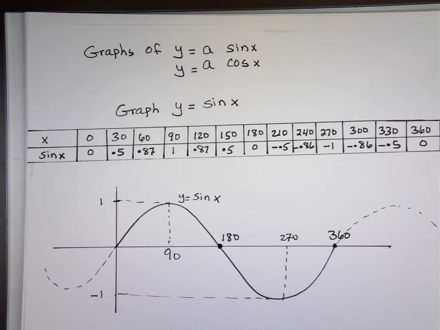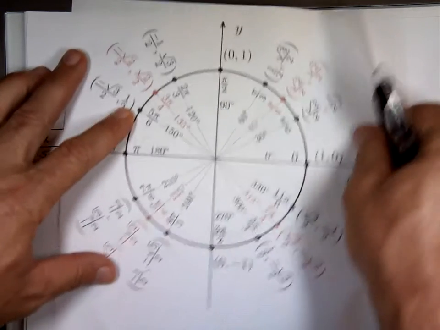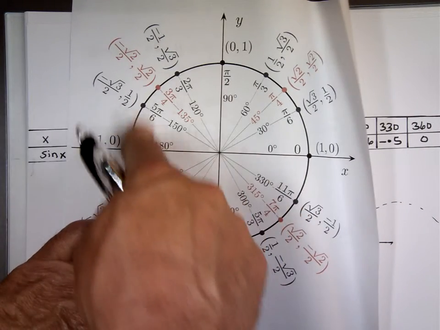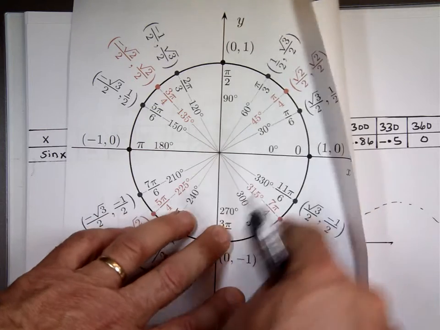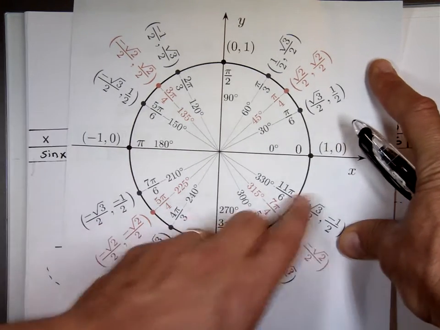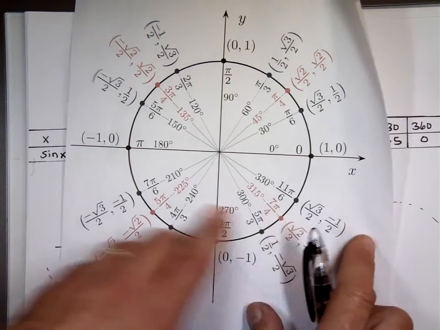Tech Math 1, hopefully your teacher showed you something like this. That's a unit circle. When you measure the angle this way, that's a positive angle. And if you go this way, that's a negative angle. Remember that one?